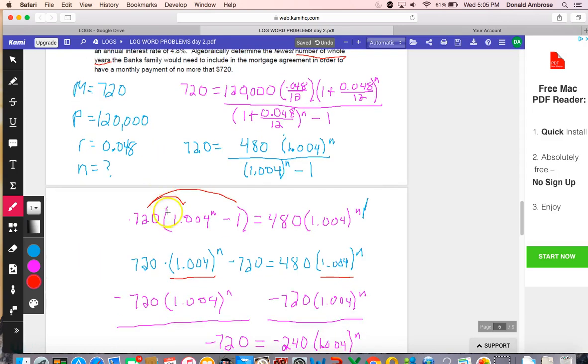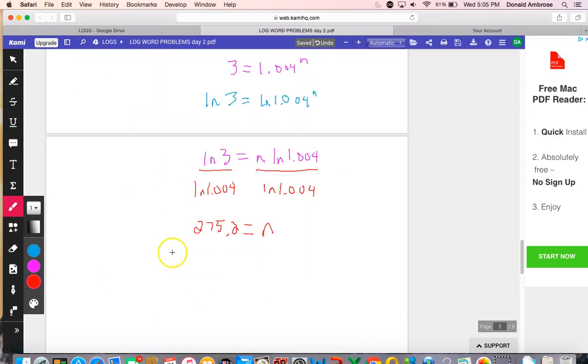So now that we know what n is, which is the number of months, we would have to take that 275.2. Again, remember this is months, and to figure out the number of years, we would have to divide that by 12. And when we divide that by 12, we get 22.9, which rounded to the nearest whole year would give us 23 years.